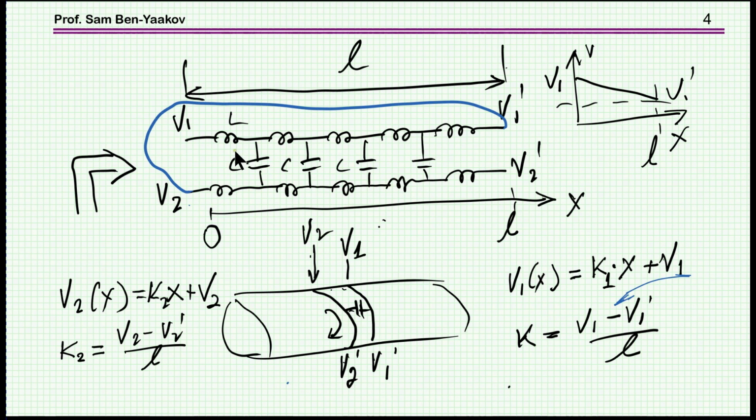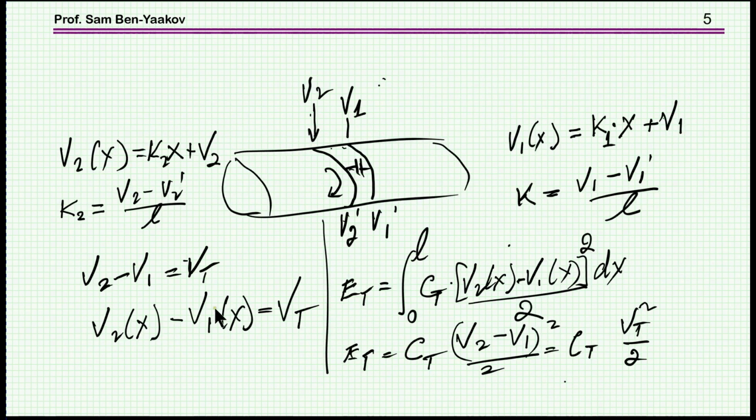Now, since the same current is flowing in these two, then as a first approximation, the drop is the same. So, if V1 prime is the end of, say, one turn, you connect it to the second turn, then this is the difference between the two layers, and it's kept throughout because, as I've said, as you go, the voltage drop is the same.